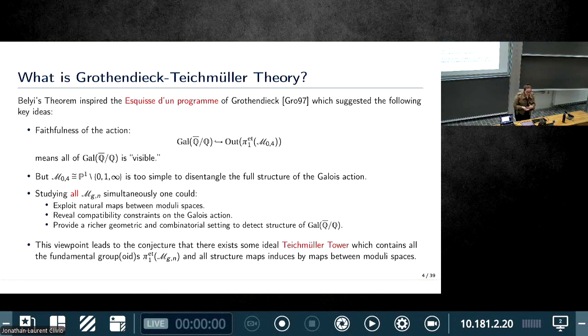In particular, the fact that this action is faithful, that this embeds into our automorphism group, means that all of Galois Q bar over Q is somehow visible here. So everything that happens in the absolute Galois group is living in some automorphism of F2, the completed free group.